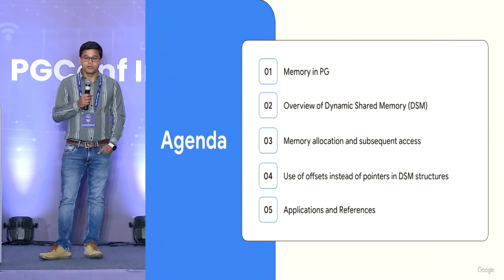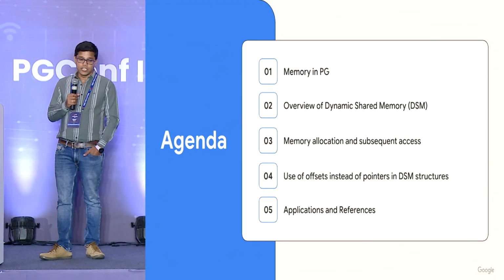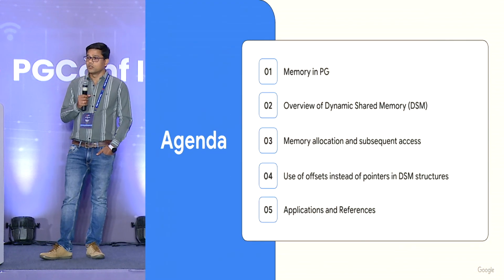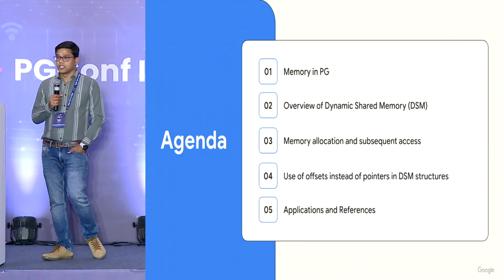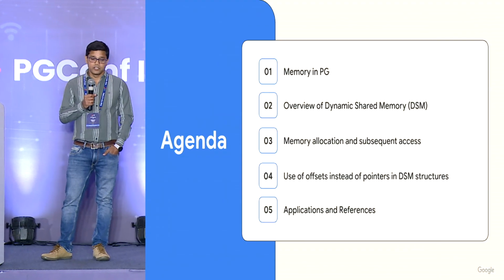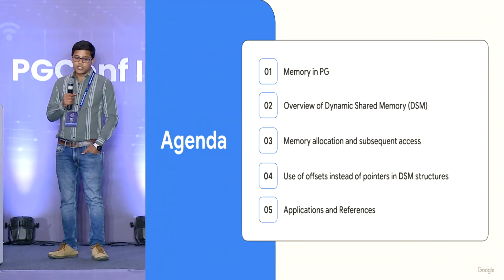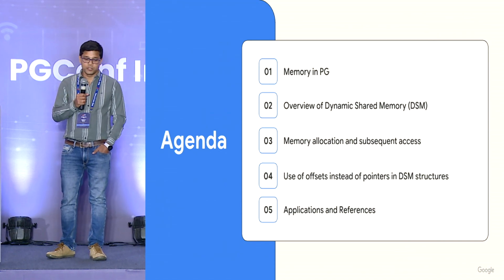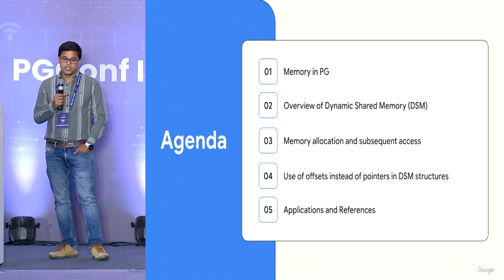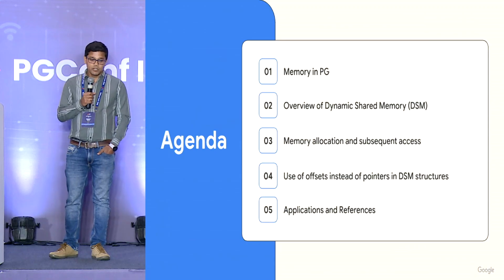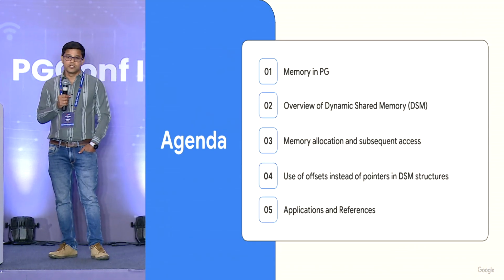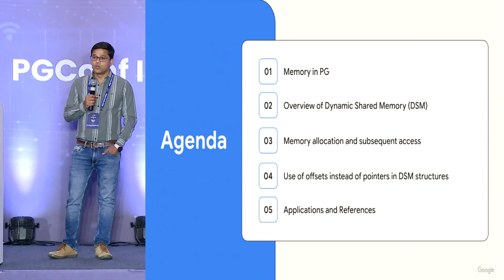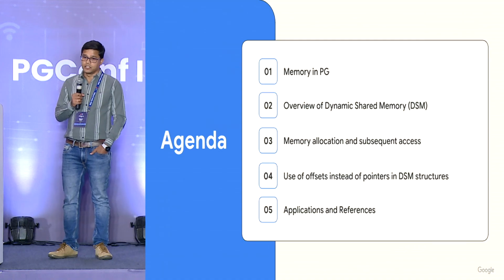Then we'll dig further into how we allocate the memory and how we access that DSM. There is also an interesting point here that it's not a pointer, but mostly offset-based DSM, so we'll talk about that. And finally, we'll conclude with some of the applications, in a sense of how Postgres has already been using that DSM.